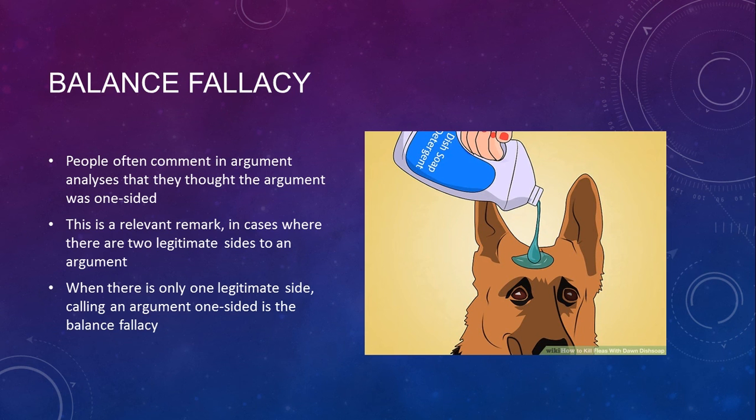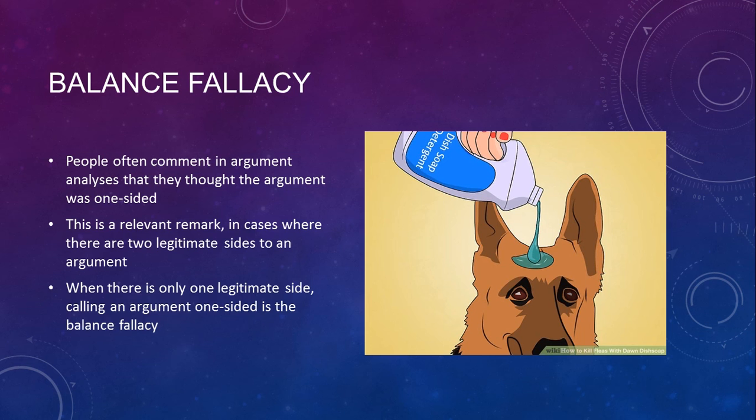That would be like, no, there are two sides to this. The dog needs dish soap poured on its head. I have good, well thought out, well justified reasons. So there are two sides to this argument about whether we should do this to the dog. But I assume that's usually not going to be the case. Very often people will say, well, you've only given me one side of this argument, and there's really only one side of the argument.